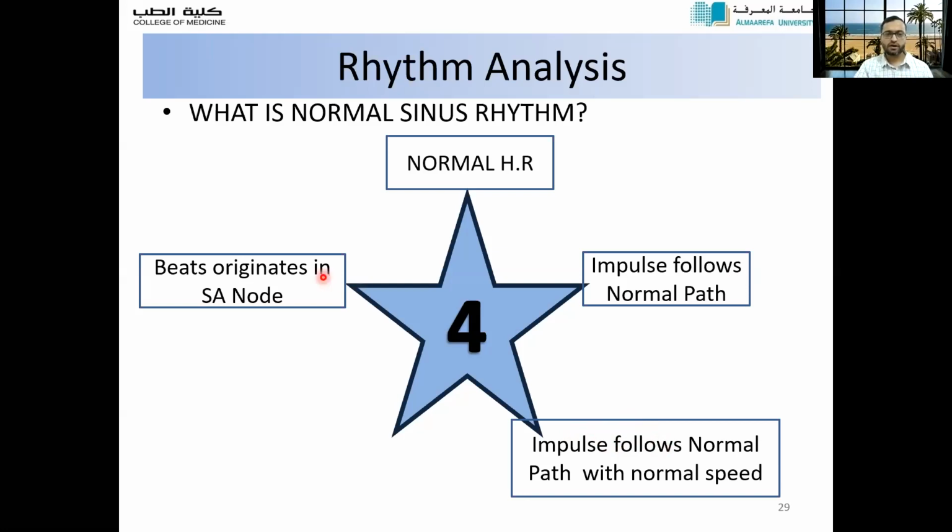So now we have 4 criteria: beats originating in the SA node with the normal rate, following the normal path with the normal speed. And the 5th one is the most important, that is the tail of the star. This tail is invented by me, so I take the credit for it. The other 4 criteria were invented by someone else, so that is not important for me.